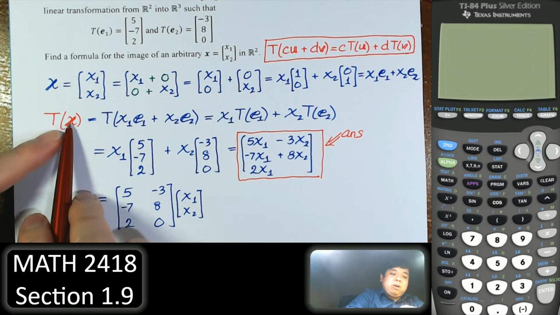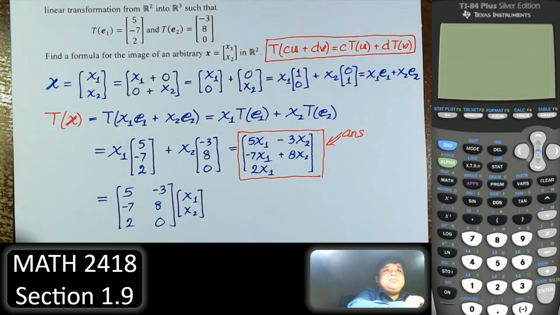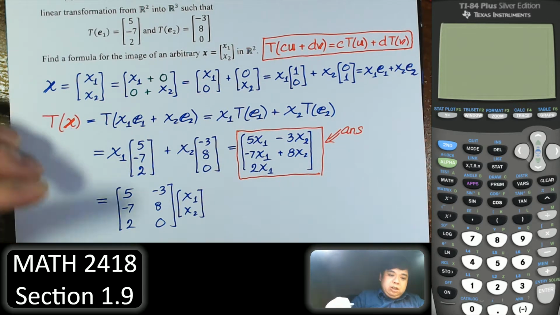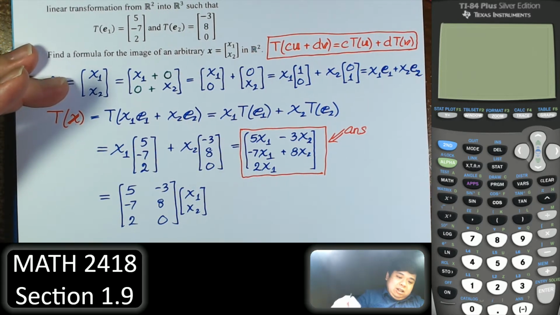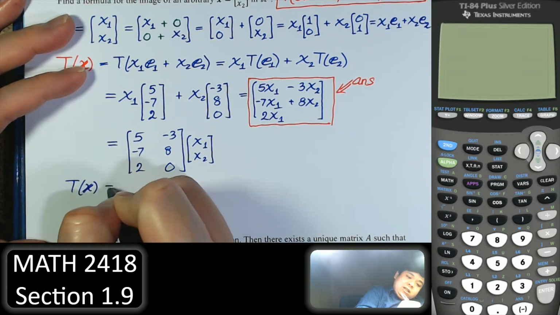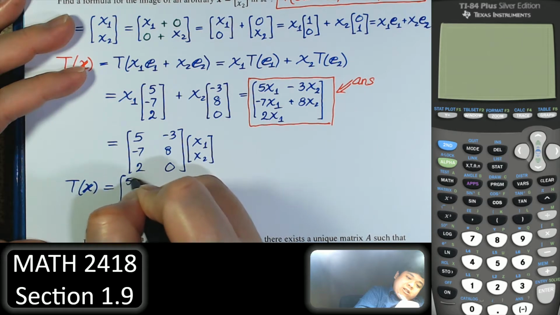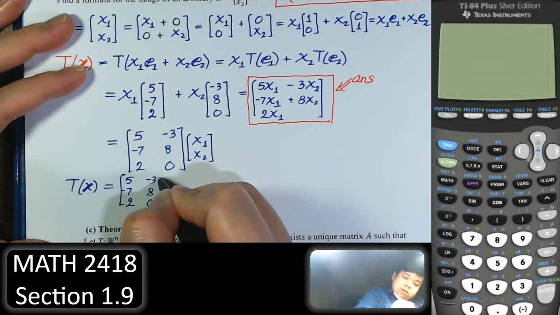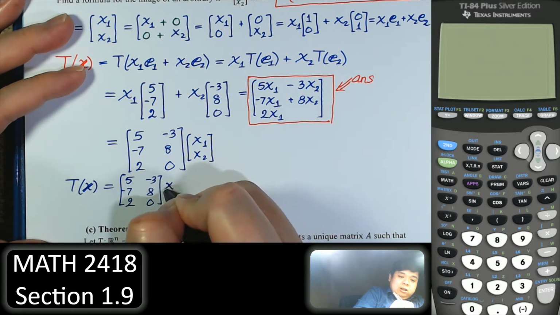So we transform T of x into that. I just want to write this in the matrix form. So if we want to write this as the matrix form, we say T of x is equal to a matrix times x.